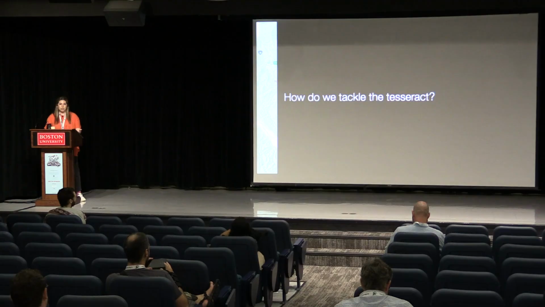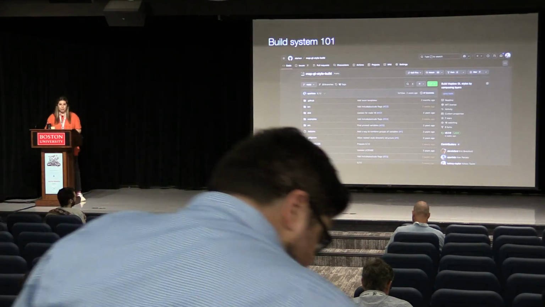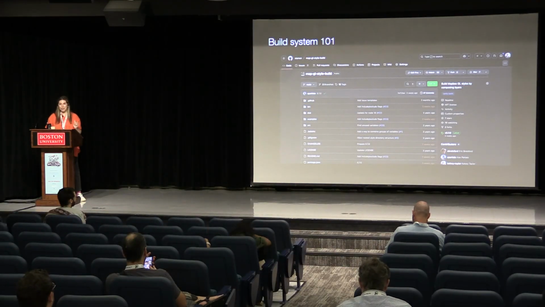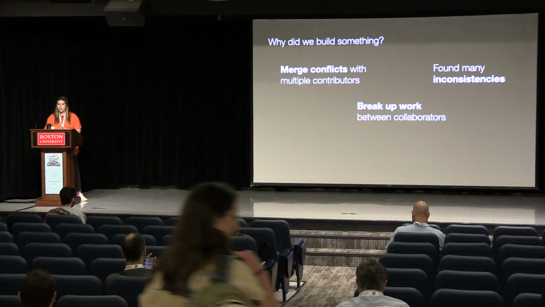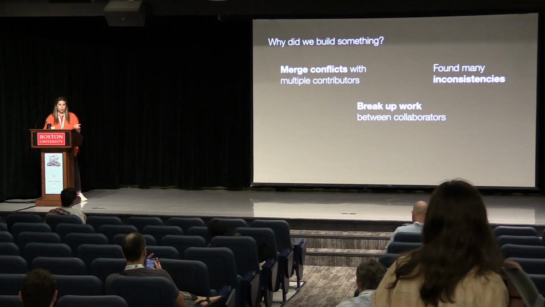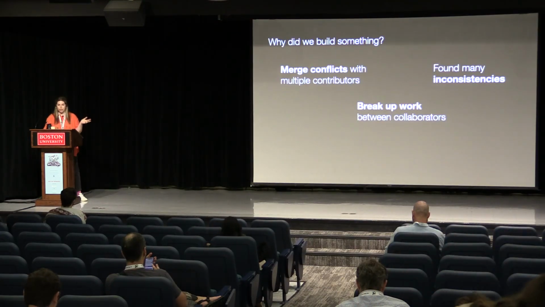So how do we tackle this problem? We built something, but I'll explain what we did before we built something first. We manage most of our projects on GitHub, and so we'll work and then share things with the client as we're working through a project. And we usually will have a team of at least 2 or 3 cartographers working on a bigger map project like that.